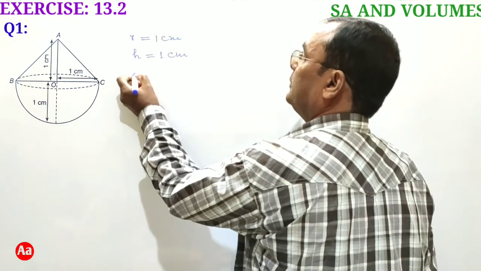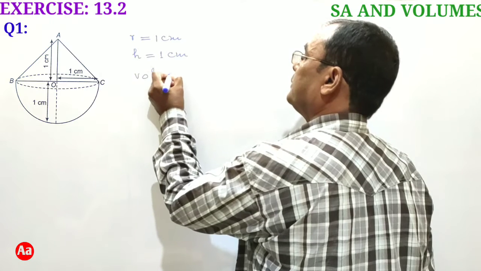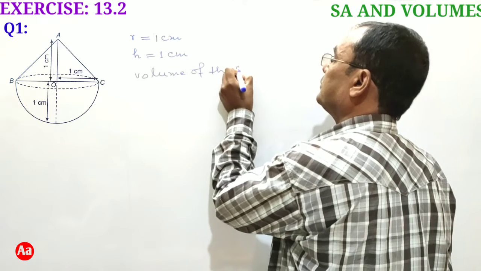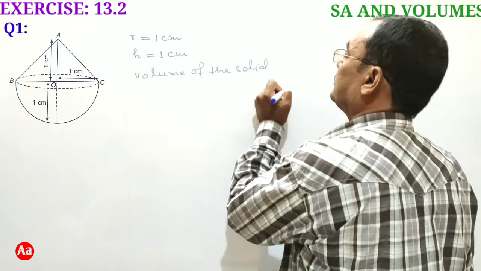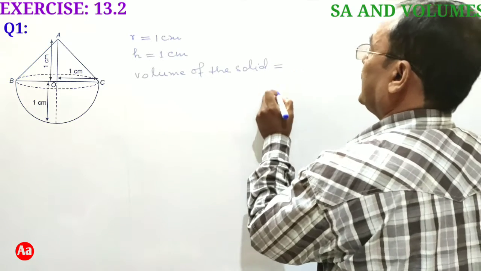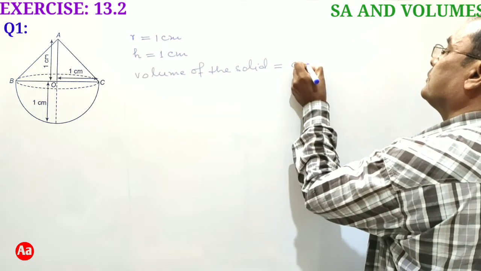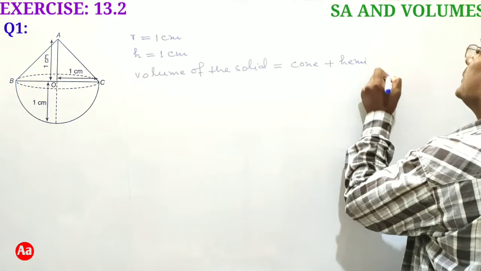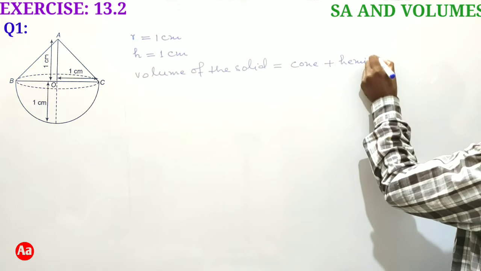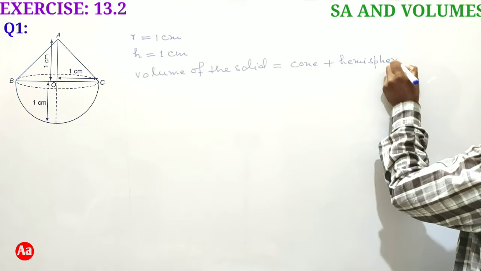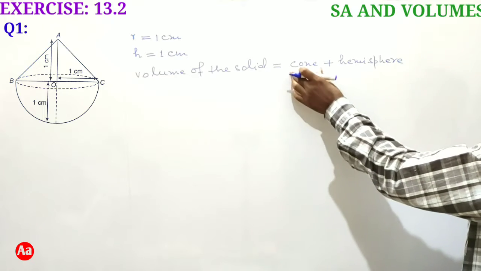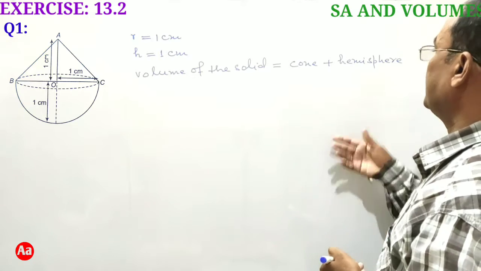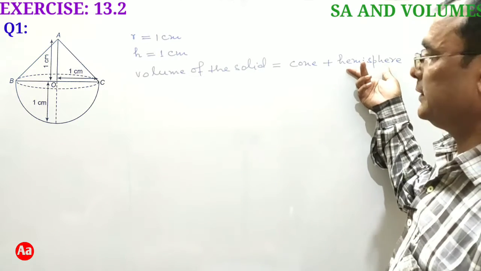So volume of the solid is equal to, we can write, cone plus hemisphere. Writing in this way means volume of the conical part of the solid plus volume of the hemispherical base part of the solid.